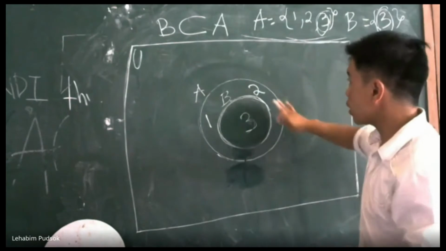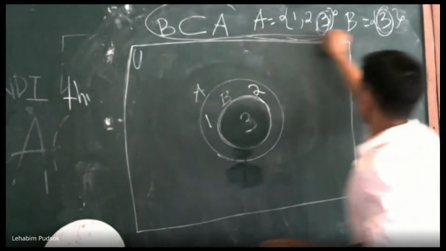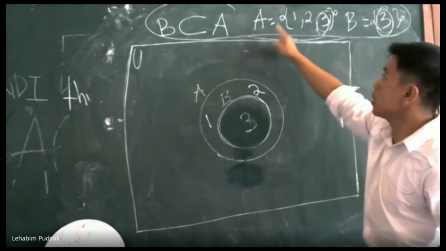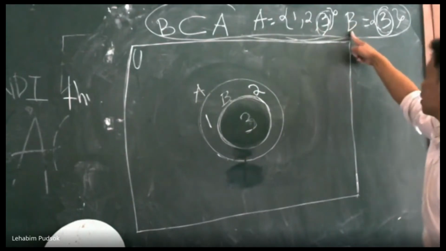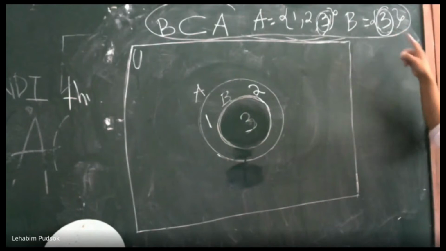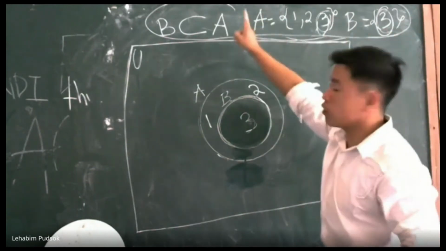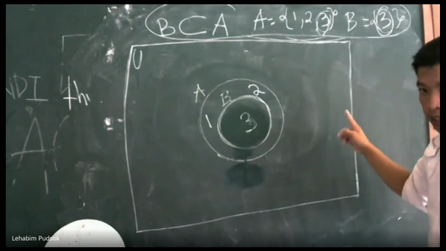That is the representation. If, for example, I gave you B subset A, wherein A has the elements 1, 2, and 3, and set B has the element 3, represent the relationship of these two sets using Venn diagramming.